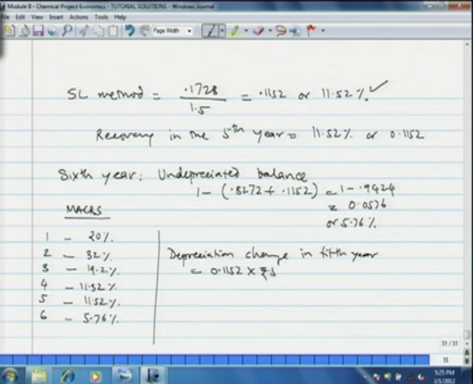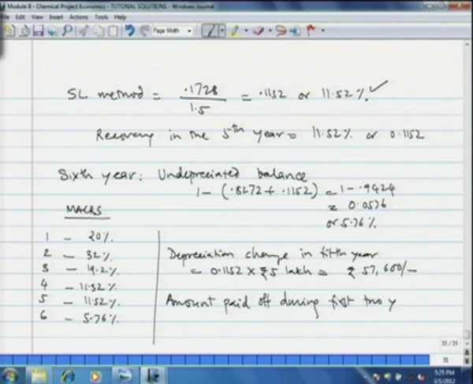So, 0.1152 into rupees 5 lakh, that is rupees 57,600, and we have also to calculate the amount paid off during the first 2 years. The cumulative amount in the first 2 years is 0.2 plus 0.32, 0.52 times the original cost. So, that turns out to be rupees 2.6 lakhs.